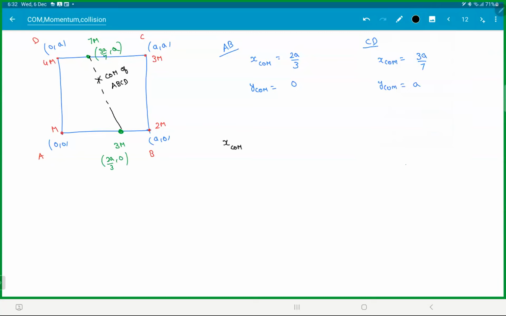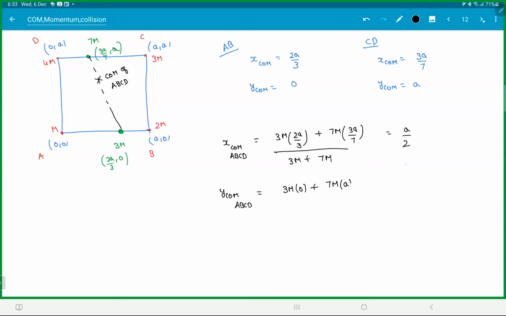So X center of mass of ABCD is (3M into 2A by 3 plus 7M into 3A by 7) by 10M. You can actually do this. You can replace the entire system with a 3M particle, treat it as a new particle and solve the problem. This would be A by 2. Y center of mass of ABCD will be (3M into 0 plus 7M into A) by 10M.